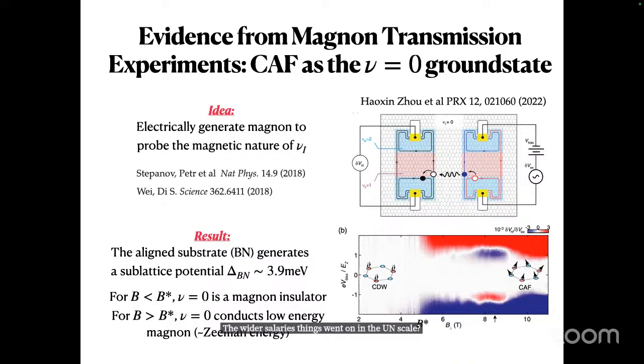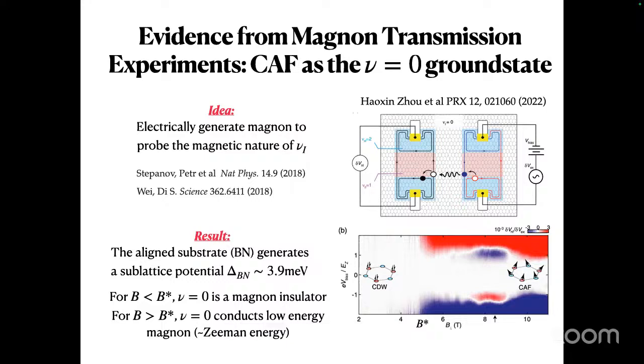If you have collective modes in the KD state, then they would have to be fine-tuned so that the gap of the collective mode is at the Zeeman scale. And that's number one.